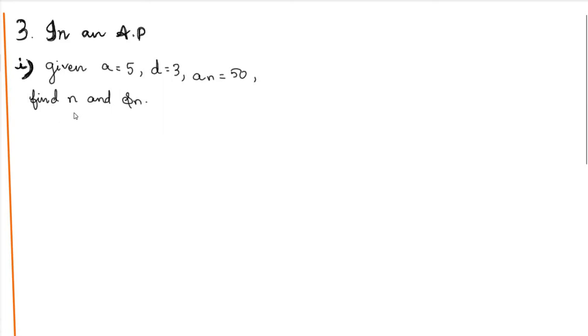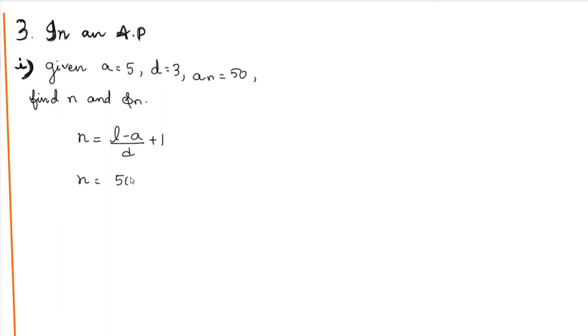Listen, we have to find n. So we know that an and l are the same. We know the formula for finding n: n is equal to (l minus a) by d plus 1. Instead of l we can write an also, because an is the nth term of an AP, that is the last term of an AP. So l and an are the same.